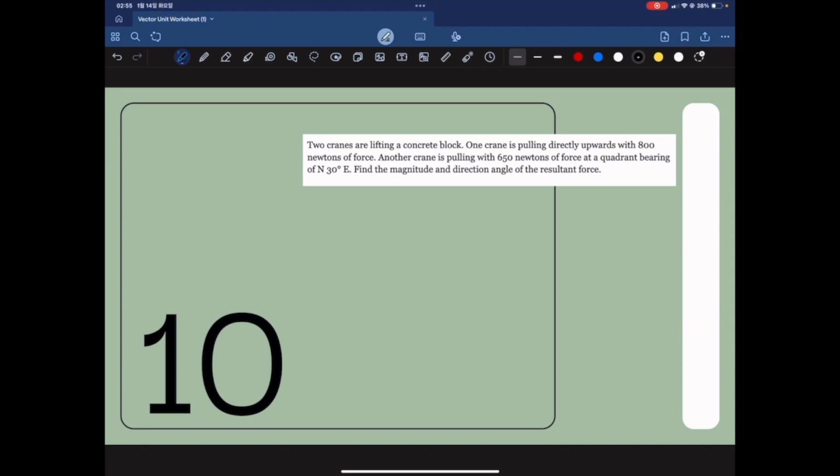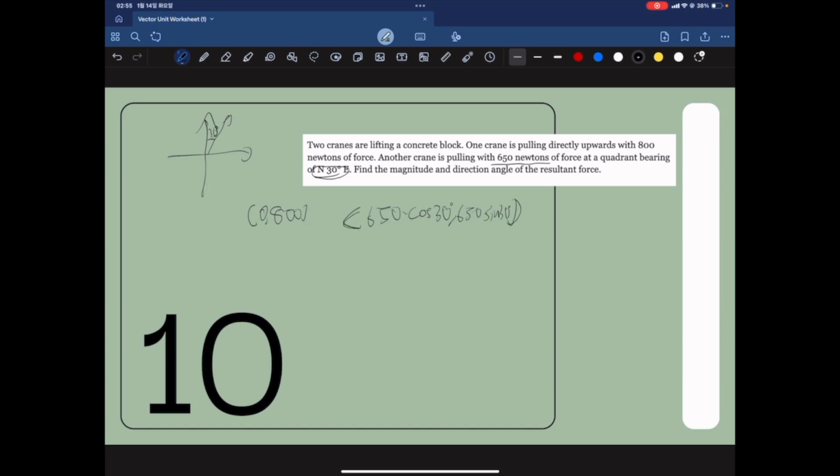Now first, we have to see crane 1 is just simply pulling upwards, therefore x is 0 and y is 800. Crane 2 is very different because there's 650 newtons at N 30 degrees E. How we can find the components of this is we do 650 times sine of 30 degrees and 650 times cosine 30 degrees.